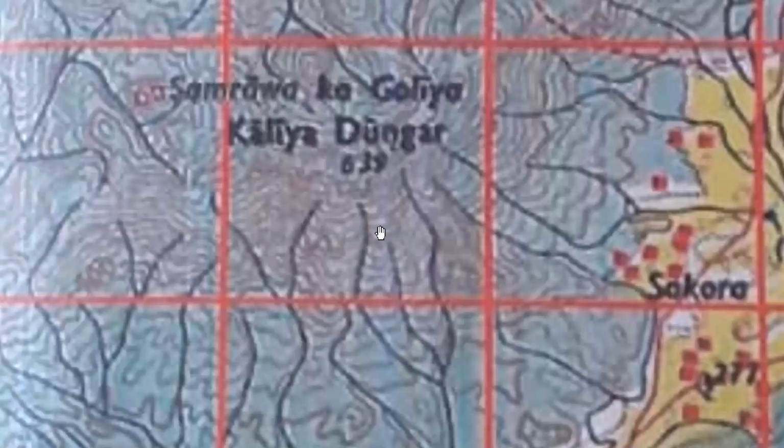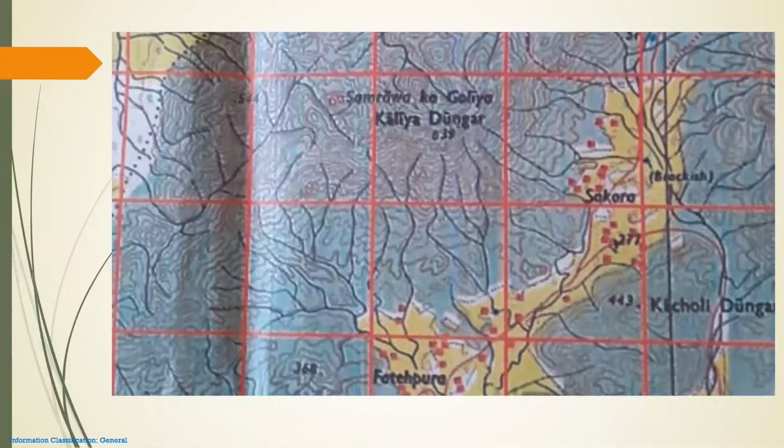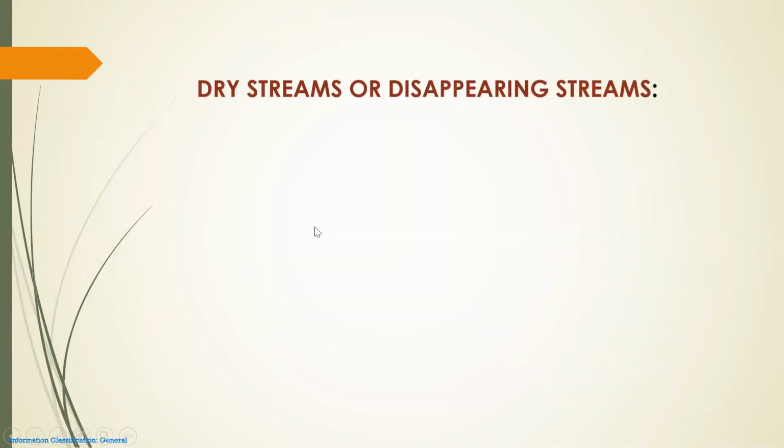It shows the elevation of that land also. So this type of drainage pattern is known as radial drainage, and radial drainage we can mainly see in conical hill areas, and it spreads like spokes of a wheel. So these are the three important drainage patterns.